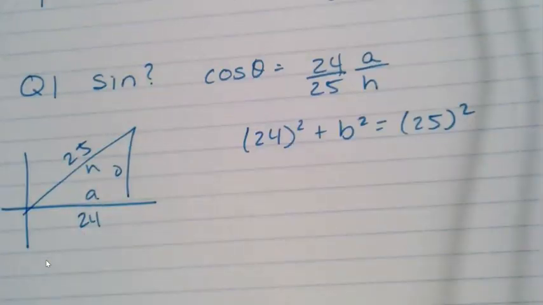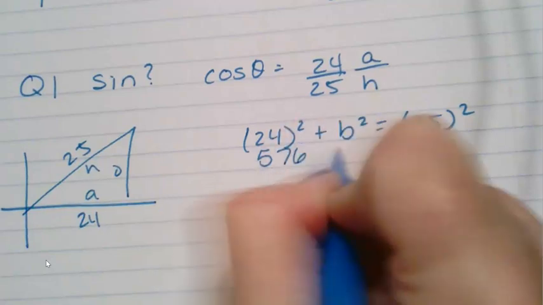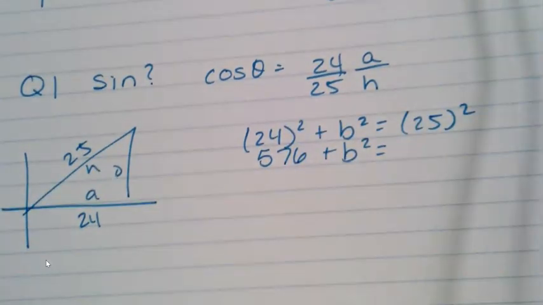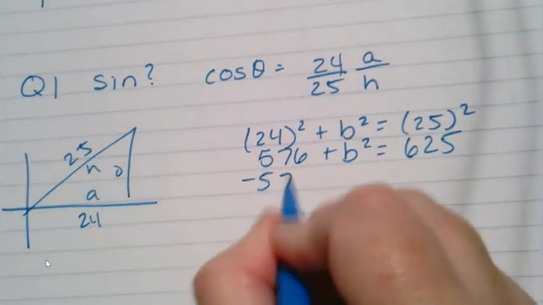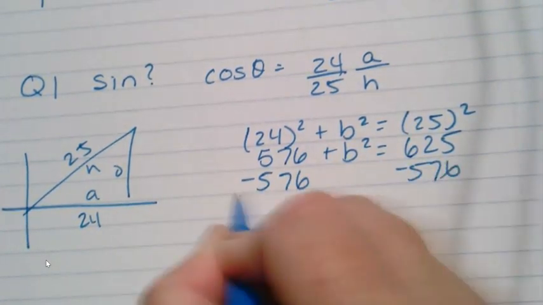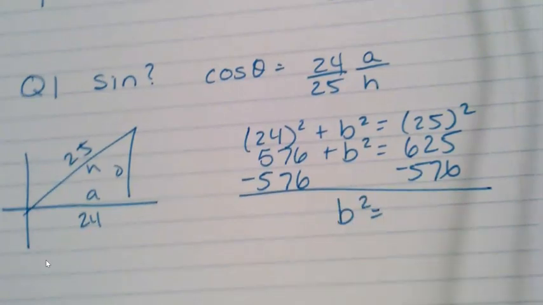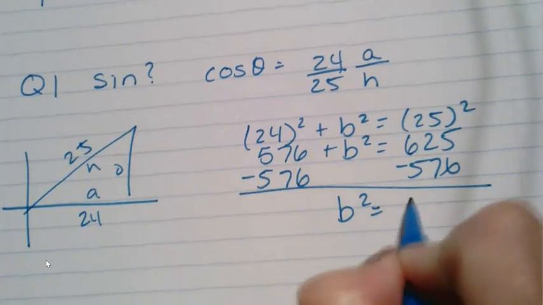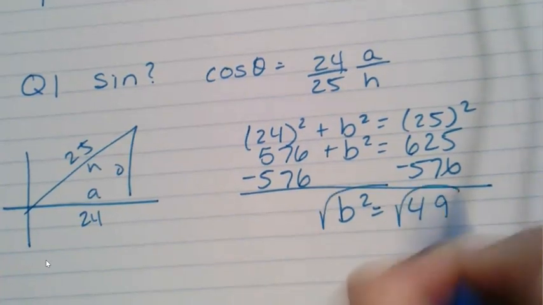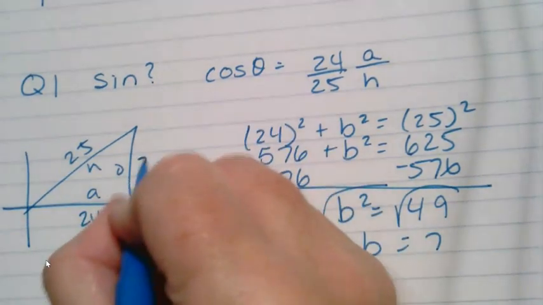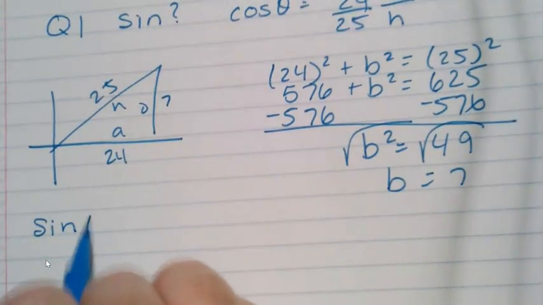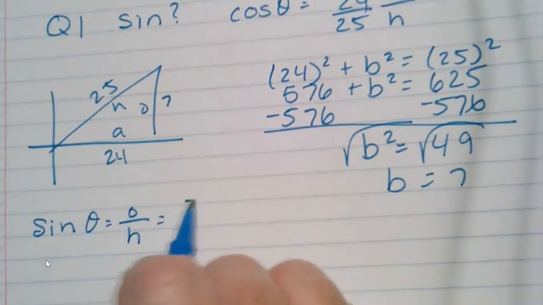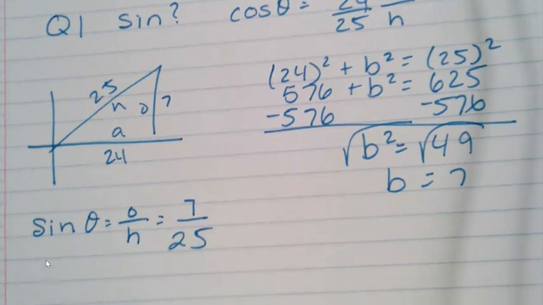Okay. 576 plus b squared equals 625. So subtract. b squared equals 625 minus 576 is 49. Square root and b equals 7. So sine is O over H. So 7 over 25. Okay.